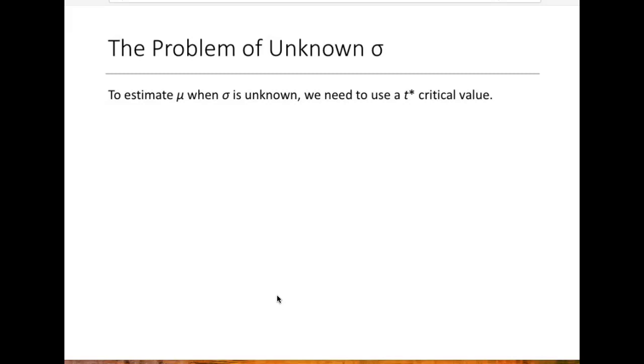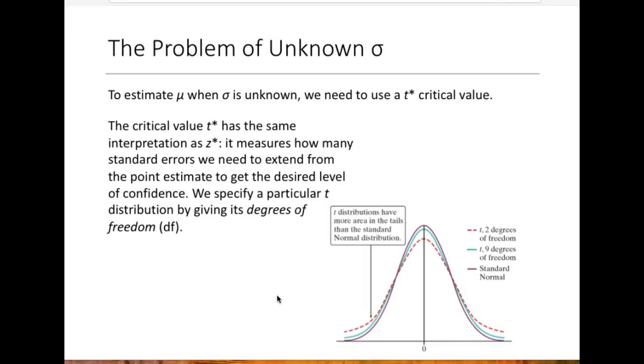And the answer is we don't use a Z critical value, we use what's called a T critical value. The T critical value comes from what we call a T distribution, which is similar to a Z distribution. A Z distribution is the standard normal distribution. But basically, a T distribution just has more area in the tails than the standard normal distribution.